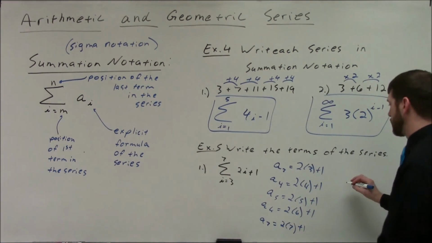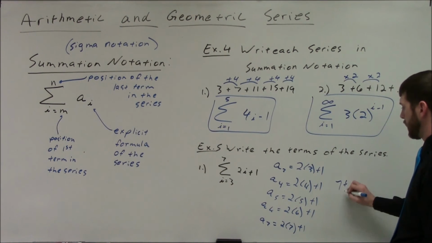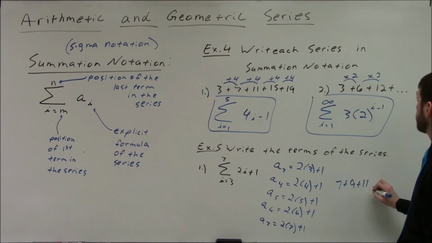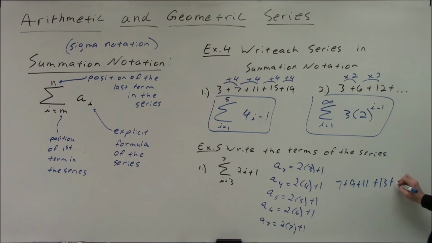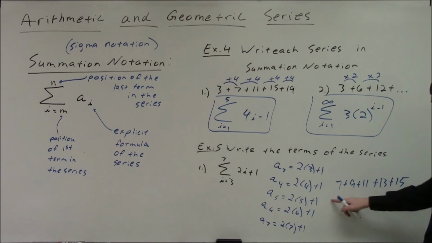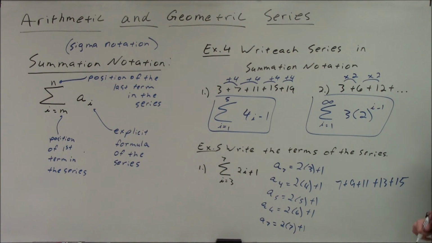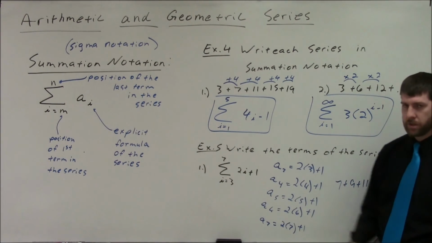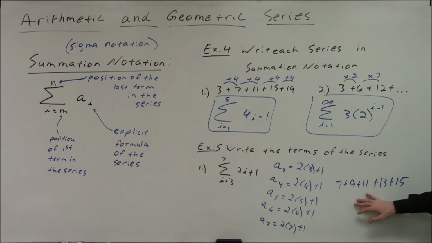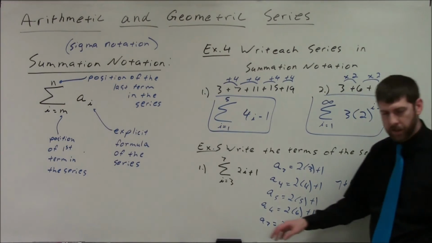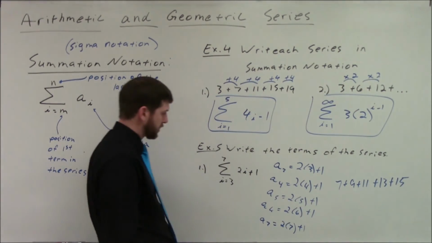So the series would actually be 7 plus 9 plus 11 plus 13 plus 15. So this is the series that's represented by that expression right there. Not typically are we asked to take it from summation notation and write out the series, but you could be. That's how you could approach it.